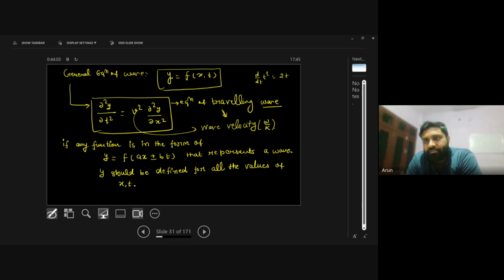Got it? This v should also not be zero here. v cannot be zero, because in the very first example that we solved, y equals a sin ωt, it has this value 0, so that is why the equation is not satisfied. So v should not be 0. Got it?